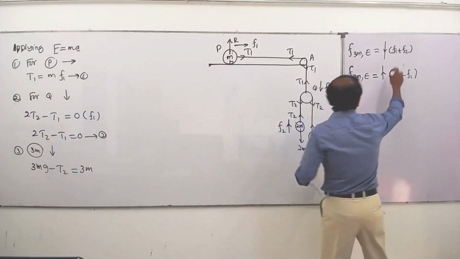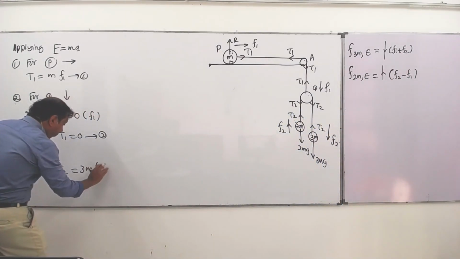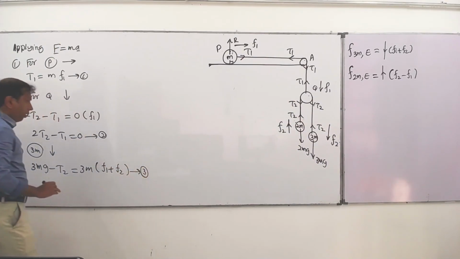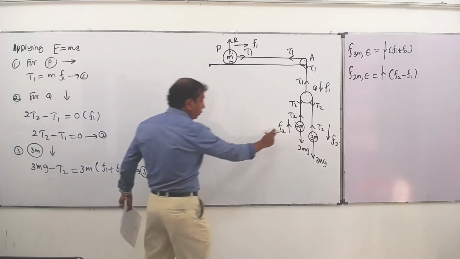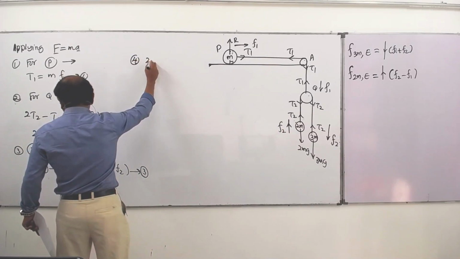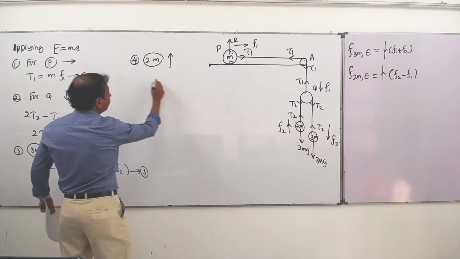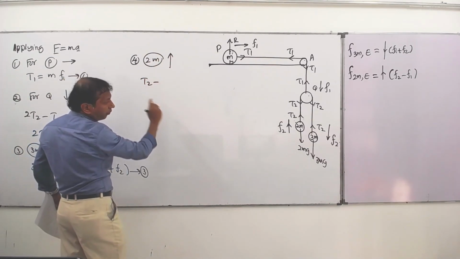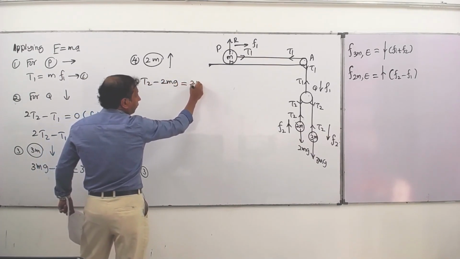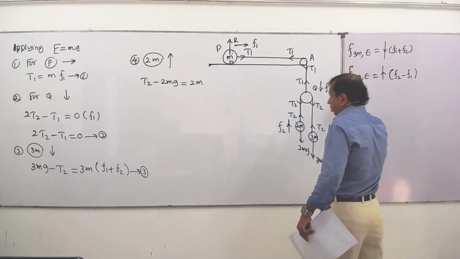So only this acceleration we have to put there: f1 plus f2. Number 3. And the other one we apply for this 2m, upwards: T2 minus 2mg equals 2m times its acceleration relative to earth, f2 minus f1.